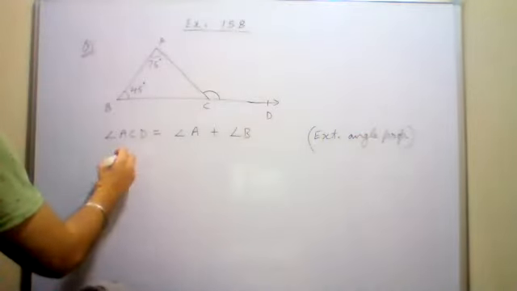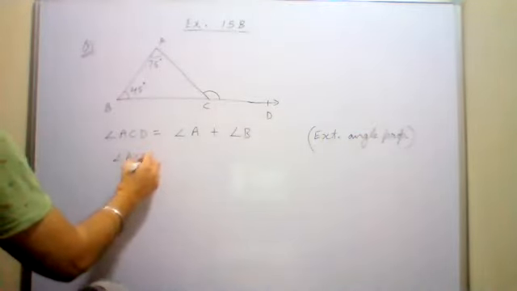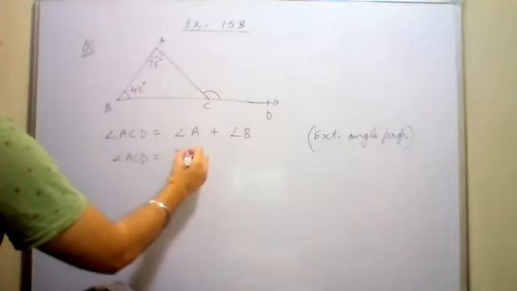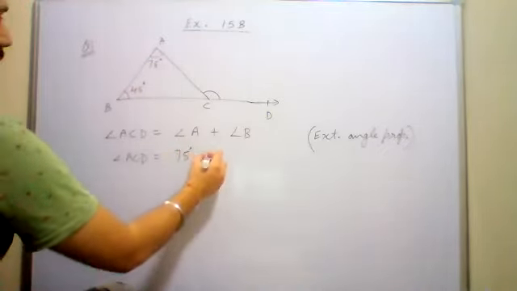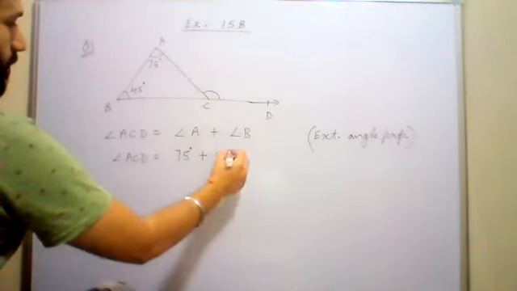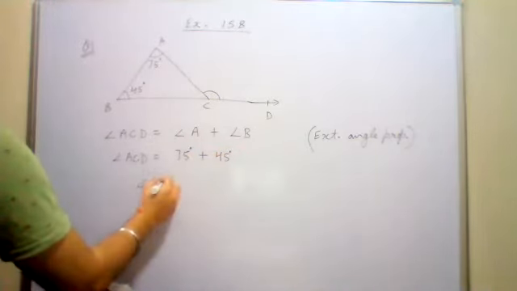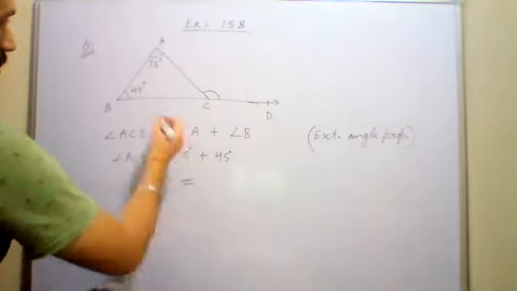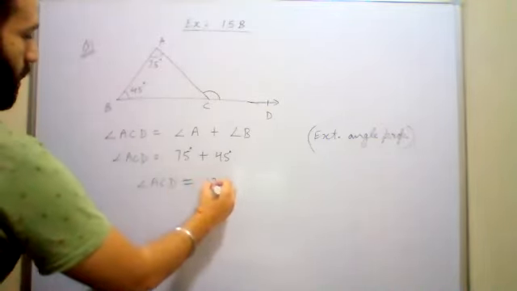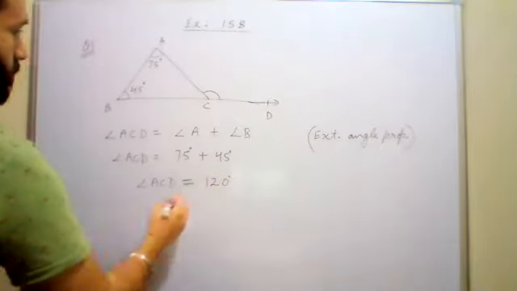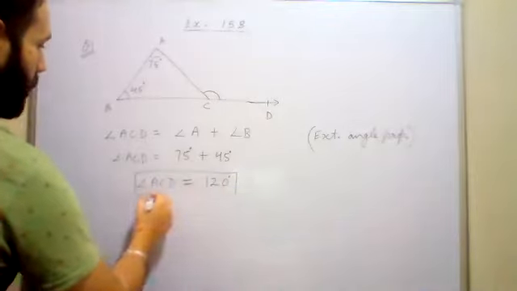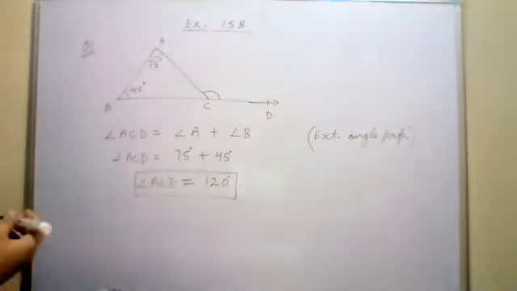So angle ACD is equal to, now put the values, angle A is 75, angle B is 45. So angle ACD is equal to 120 degrees.